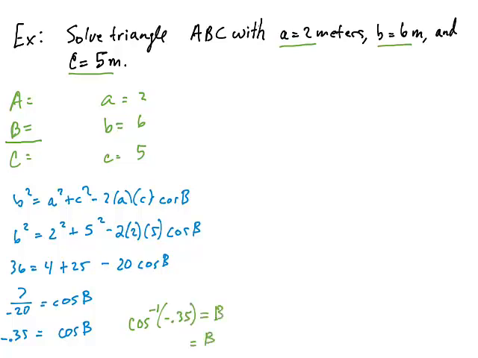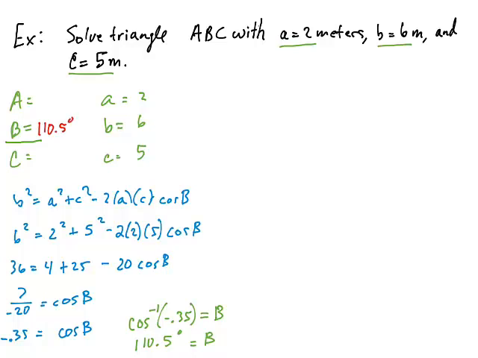So b here is equal to 110.487, so rounded to the nearest tenth I get 110.5 degrees. So for b we get 110.5 degrees.